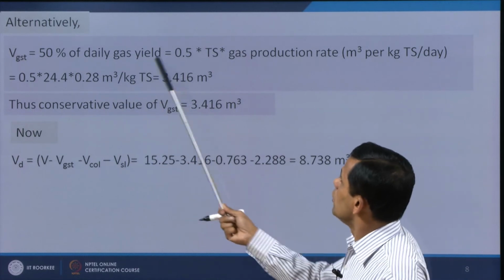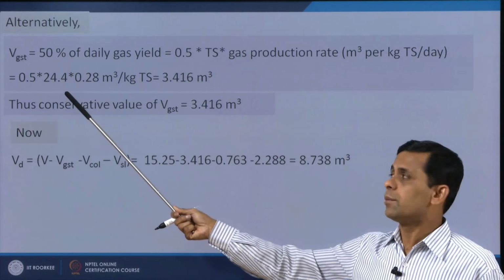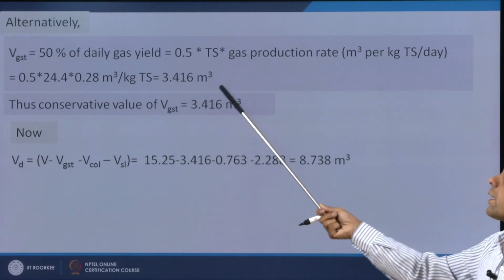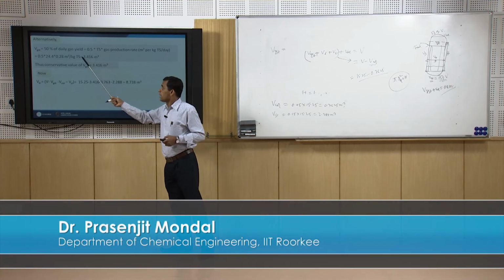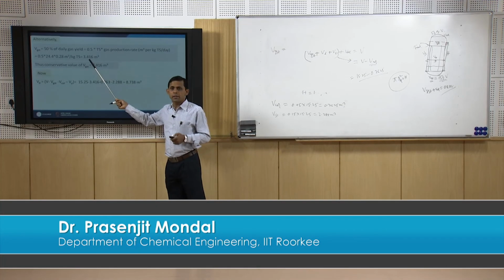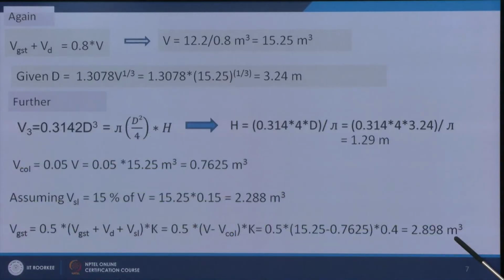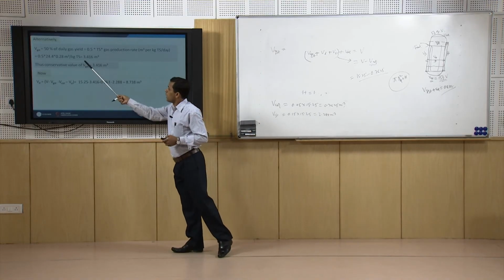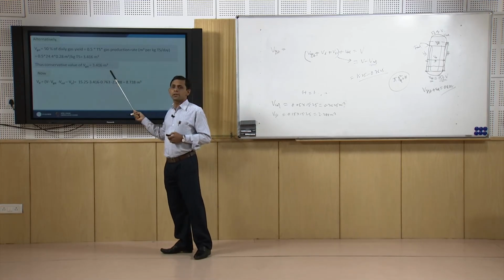With TS equal to 24.4 as calculated, this gives 3.416 meter cube. One formula gives 3.416 meter cube, another gives 2.898 meter cube. We have to be conservative, so we take the larger value: VGST is equal to 3.416 meter cube.